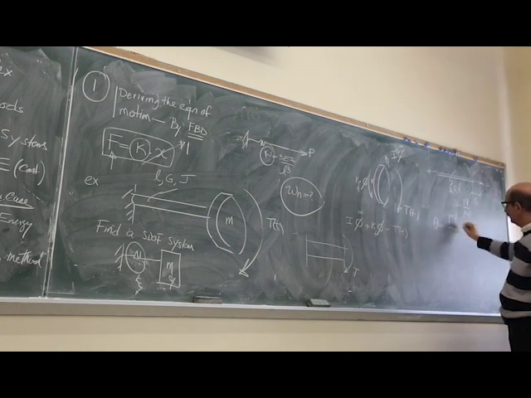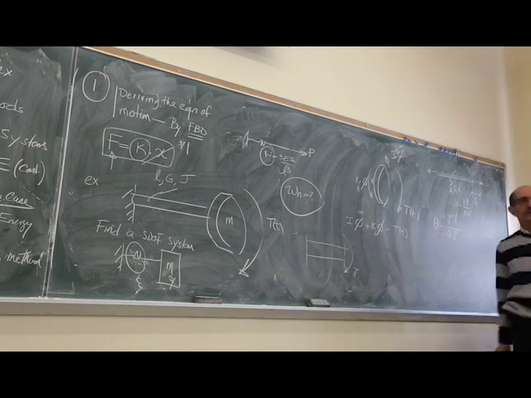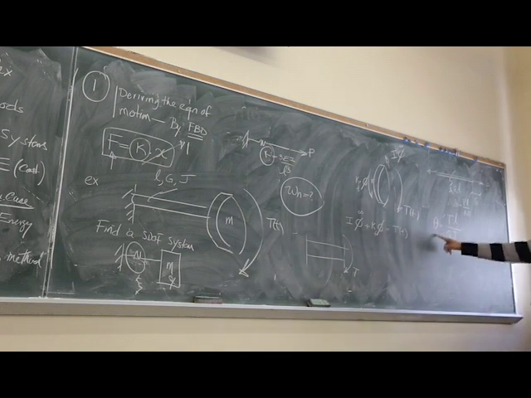Length is the same. Instead of modulus of elasticity, you have shear modulus of elasticity, and instead of A, you have the polar moment of inertia. Okay? So this is the angular deformation that a shaft experiences.